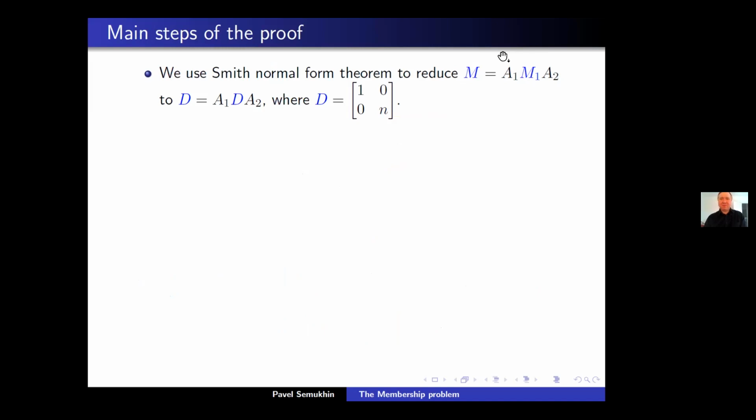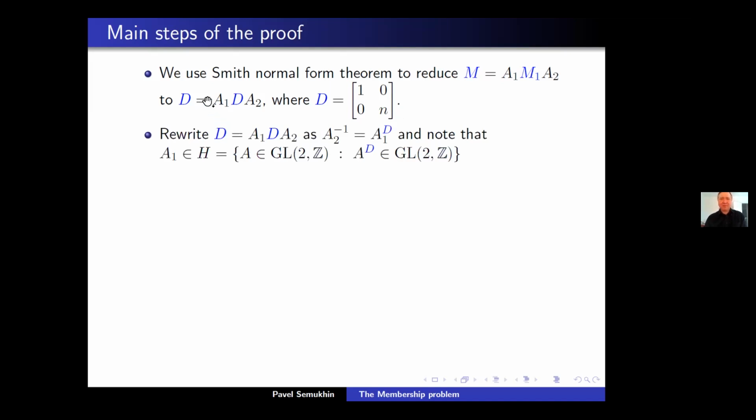And so we want to find out whether this equation has a solution A1, A2 from the semigroup S. And we used Smith's normal form theorem to reduce this equation to a simpler equation of this form, D equals A1 D A2, where D is a diagonal matrix like this, 1, n.